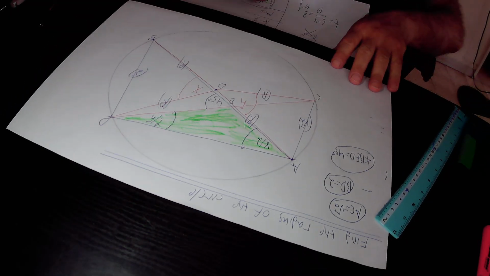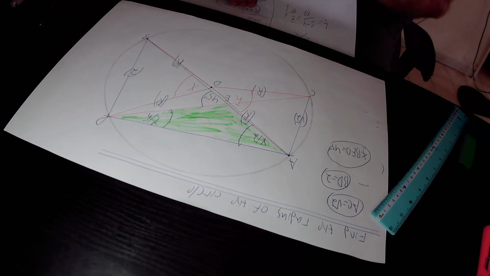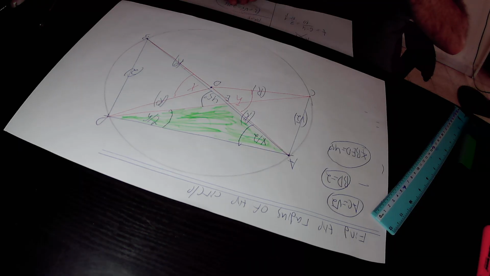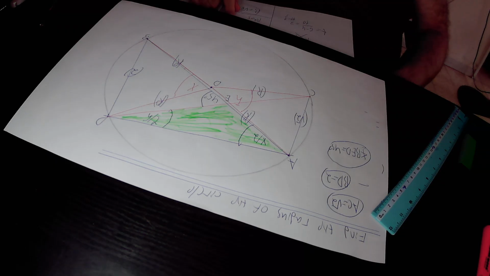And again, we should find out that the radius R of this circle equals either the square root of 5 units in its length, or in terms of numbers, R equals 2.236 units.